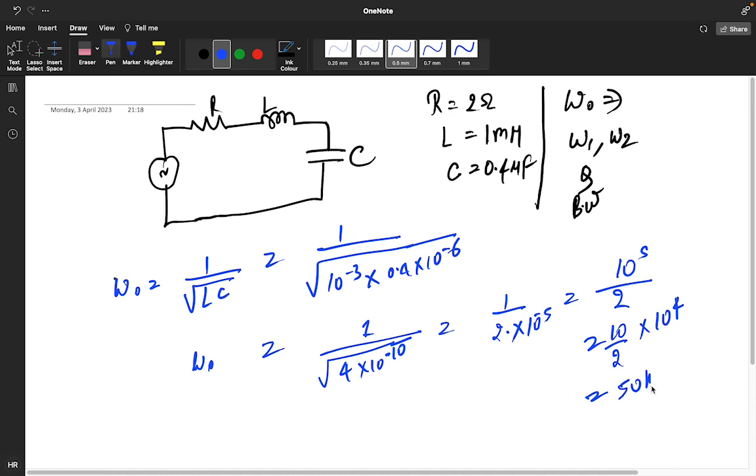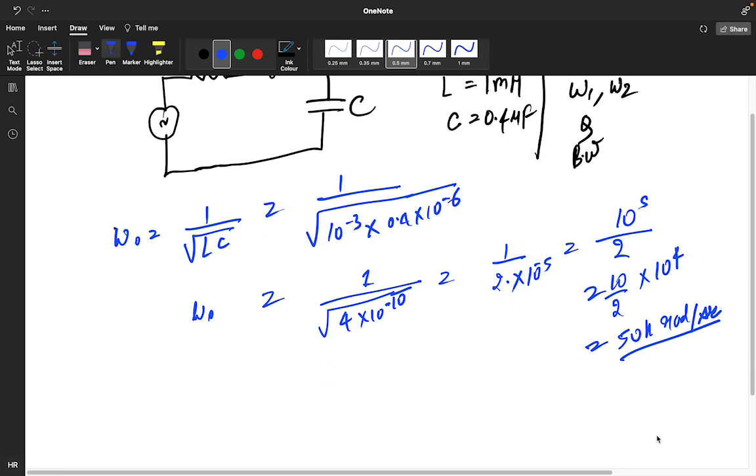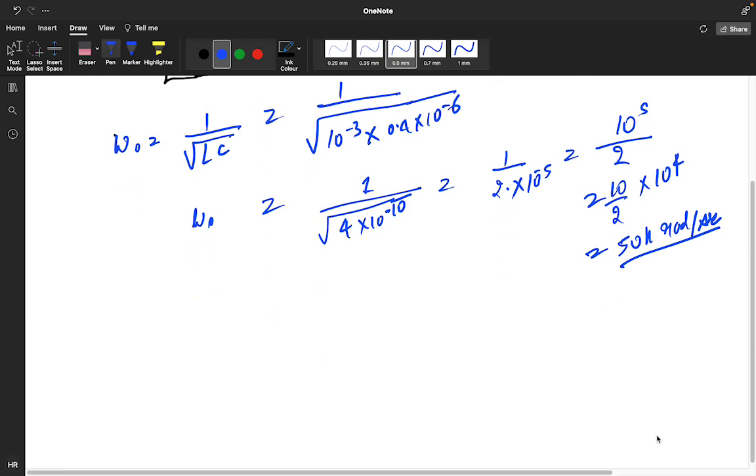So 50k radian per second. So everyone got this result? 50k radian per second. Okay, just wait, someone is coming. Yeah, so 50k radian per second is the result.